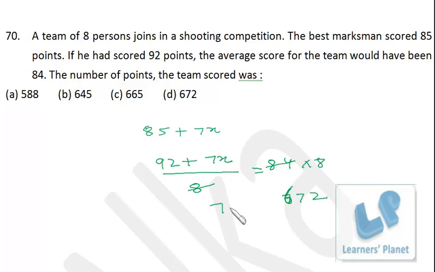Okay, so 7x is equal to 672 minus 92. So 7x is equal to 580. The number of points the team scored is actually 85 plus 7x. 7x is 580, so it is 580 plus 85.